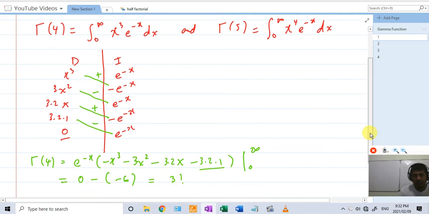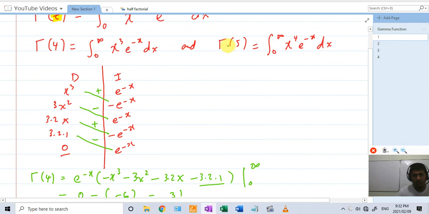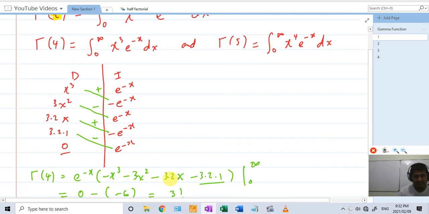Right, what if we had to go and do it for gamma 5? If you have to go and do it for gamma 5, you can see what's happening here. The terms are negative throughout, and each successive term is a derivative of the previous. So if I have to go and find gamma 5, I can just do this. Let's see.